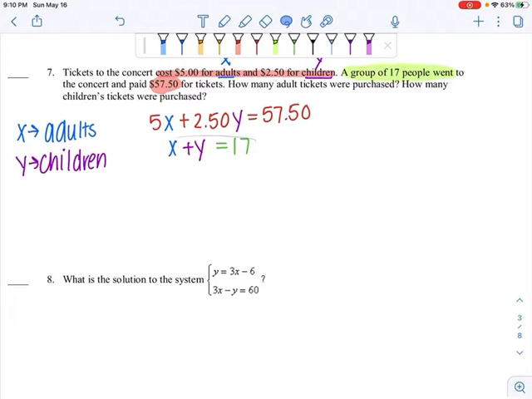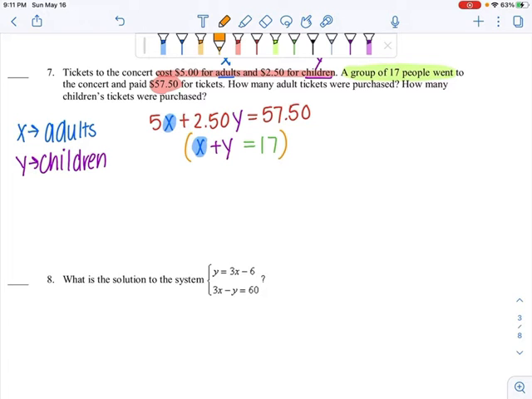So now we can do either elimination or substitution. In this case, we can do elimination because all we would have to do is multiply one of the equations by a certain number. If I look at the variables X, that's super easy to get the same. But remember, for elimination, we want to get the opposite sign as the coefficient that we're trying to cancel out with the variable, because then that cancels them out.